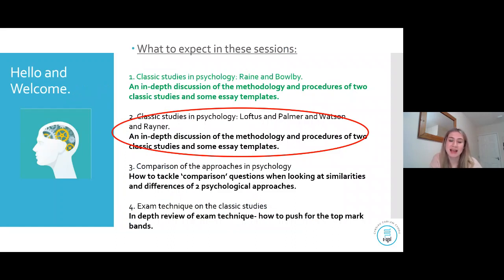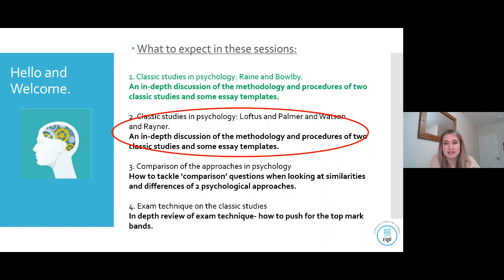Okay, so last session and the previous recording that I did, we looked at the classic studies in psychology, specifically Rain and Bowlby. And we looked at the methodology and the procedure, and we looked at some essay templates. We're going to do the same again today, but we're going to look at our next two pieces of classic research.